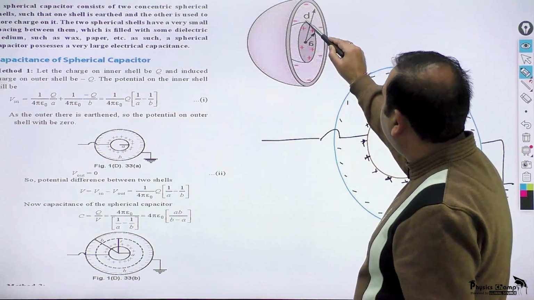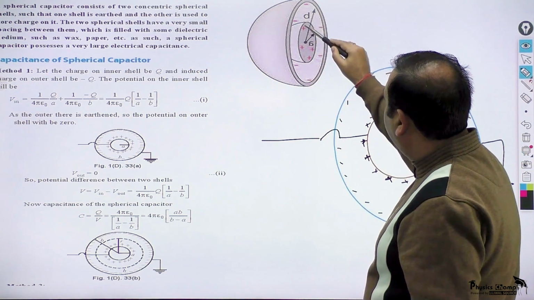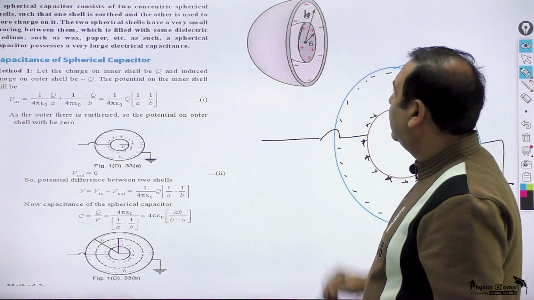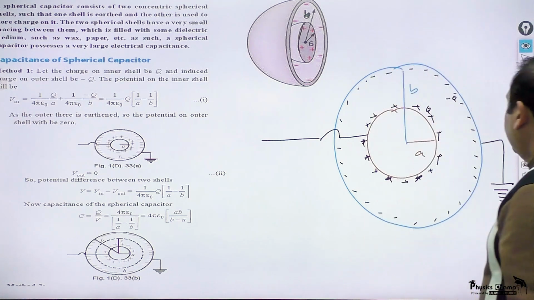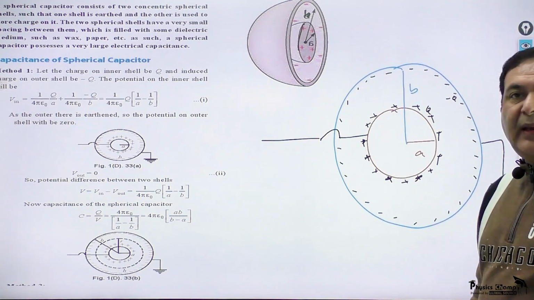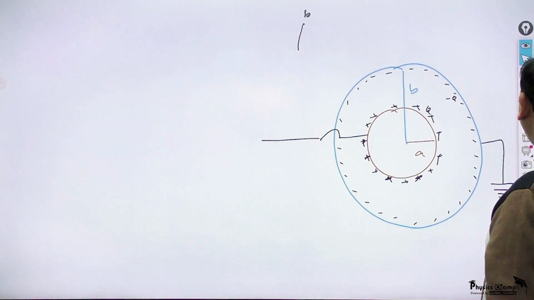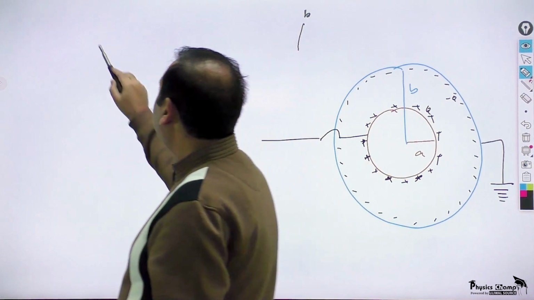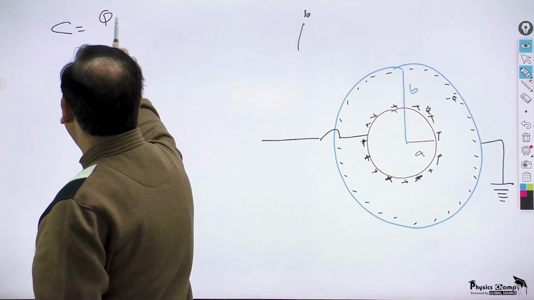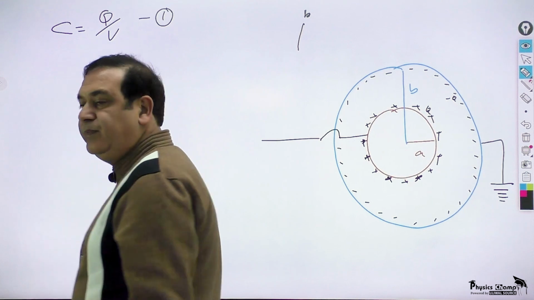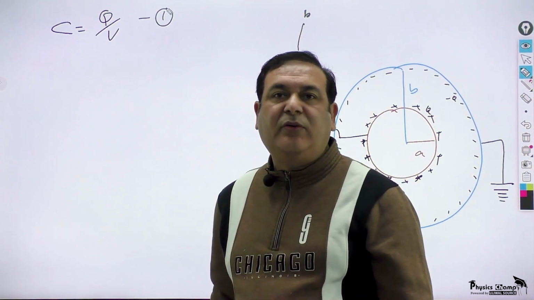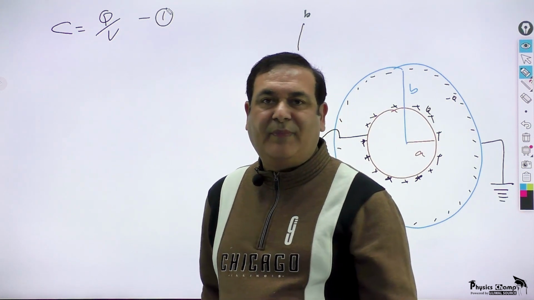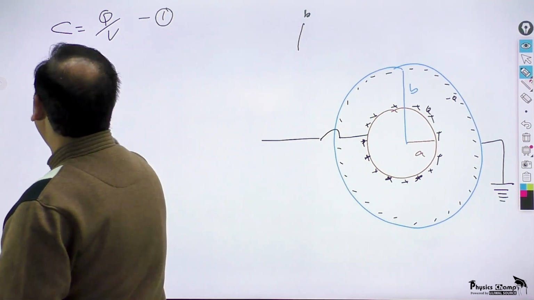You have this inner one with radius A and outer one with the radius B. Now, in order to find the capacitance of this arrangement, I would go for the same sequence, C is equal to Q by V. C is the capacitance of this whole arrangement, Q is the charge on this, and V is the potential difference. Now, we are interested in potential difference.